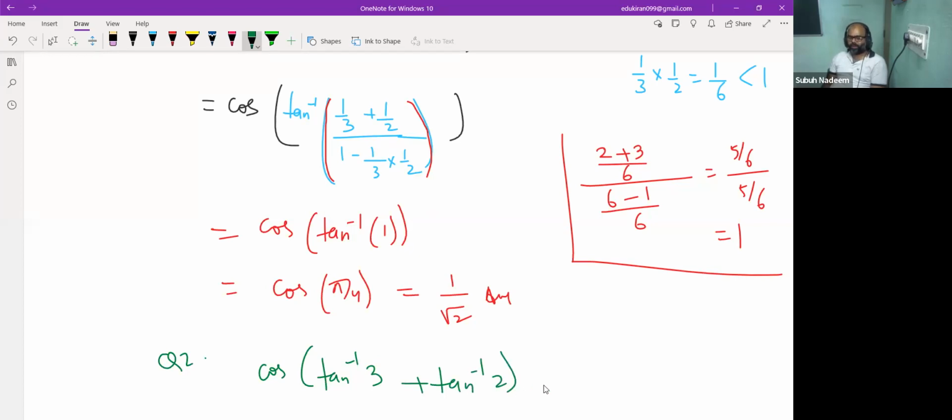Then what will be the answer? Just try this out. And now we should use that greater than one condition, right? Yeah, it is greater than 1. So we will apply that formula.